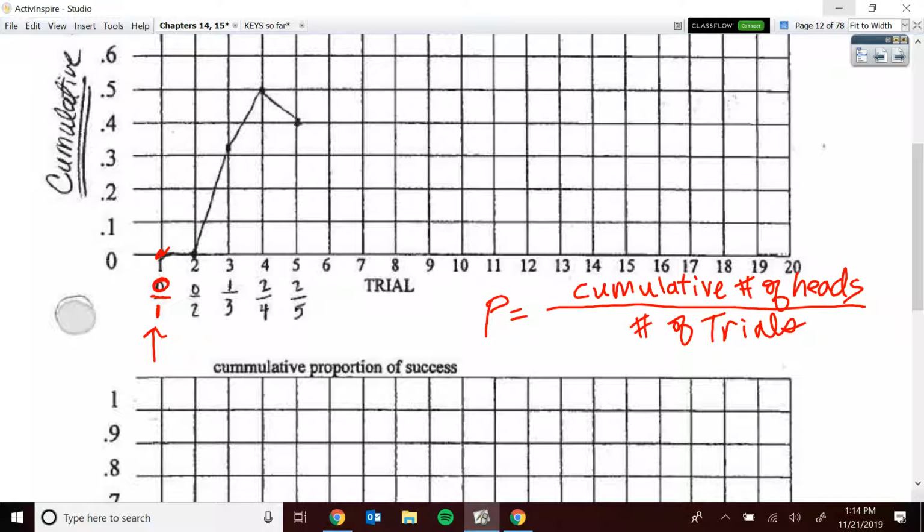Okay, I'm going to flip my coin again, and I got tails again. So that is 0 heads out of 2 trials. I'm still sitting at 0%. Any ideas what I'm going to get next? I think I just got heads. Whoa.